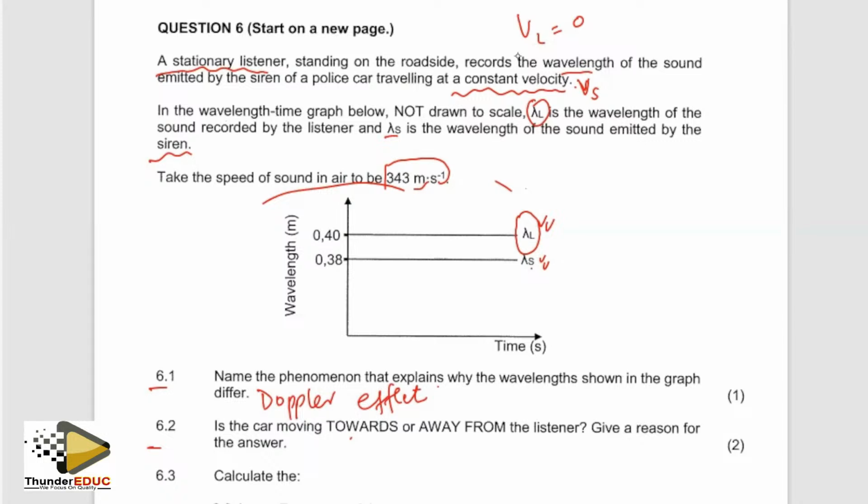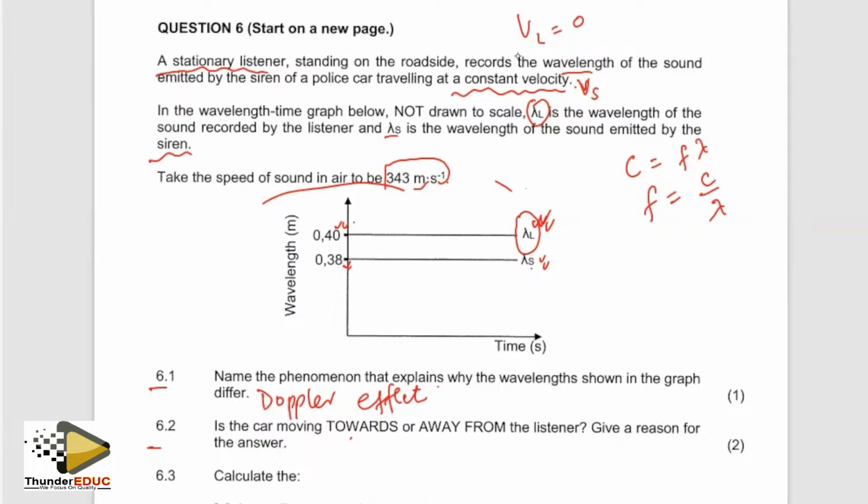Now, the listener is getting a higher wavelength. Let's go back to the formula of speed. We know that V is equal to F lambda, which means that frequency is inversely proportional to the wavelength.